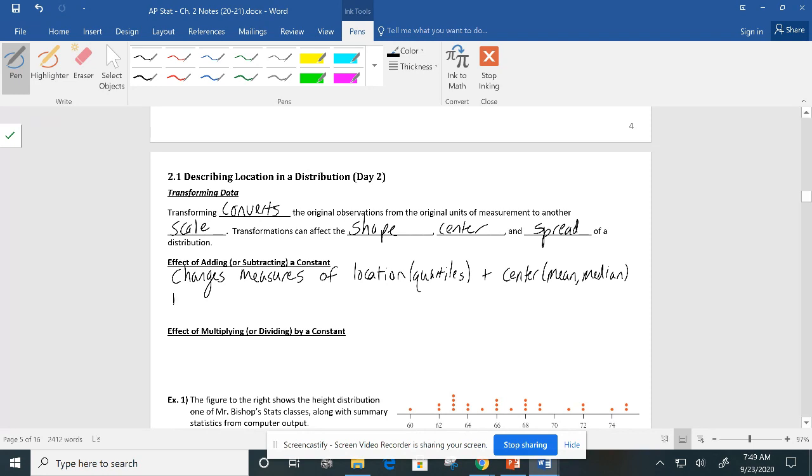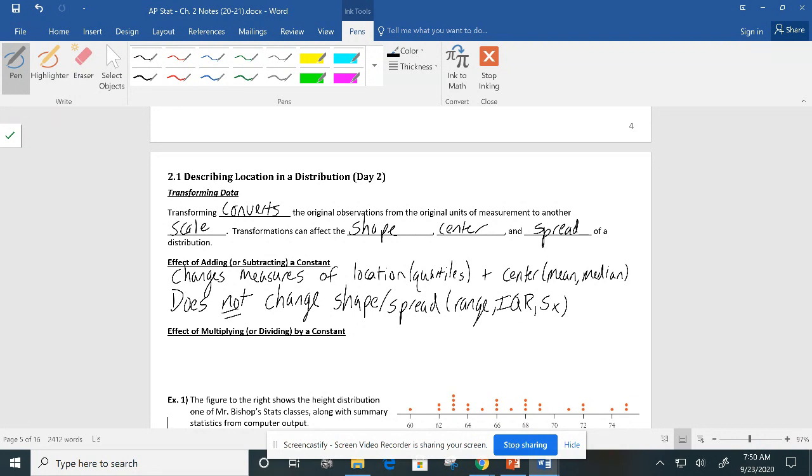It does not change the shape of the distribution or any of the measures of spread, such as the range, the IQR, or the standard deviation. Okay, because all I'm doing is I'm shifting my observations down. So they're still going to have the same range. When I subtract the max minus min, it's still going to be that same individual number. Okay, so addition and subtraction only affects those measures of center.